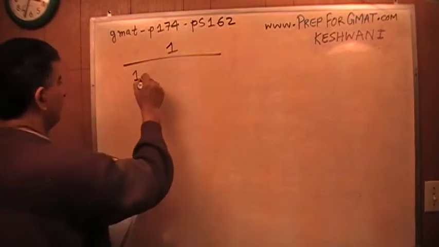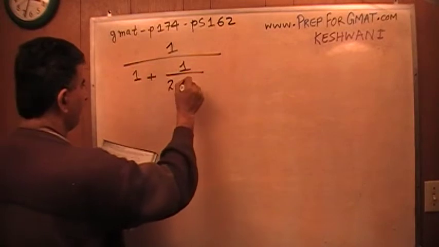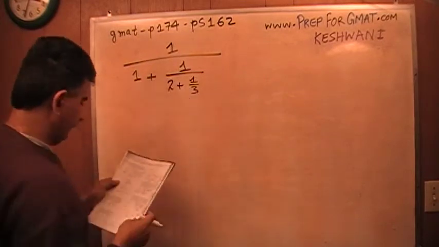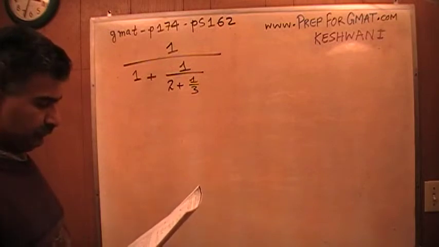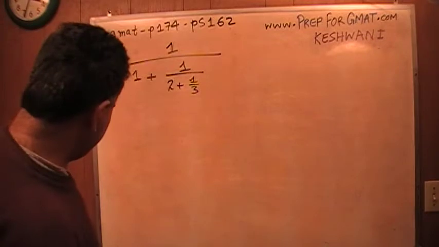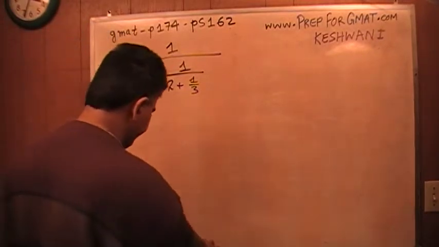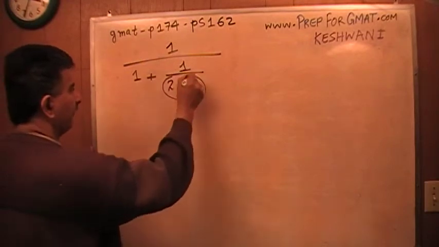Let me first write down the problem. There you go. That's what they want us to find. So let's get going. The very first thing I'm going to figure out is this part right here.